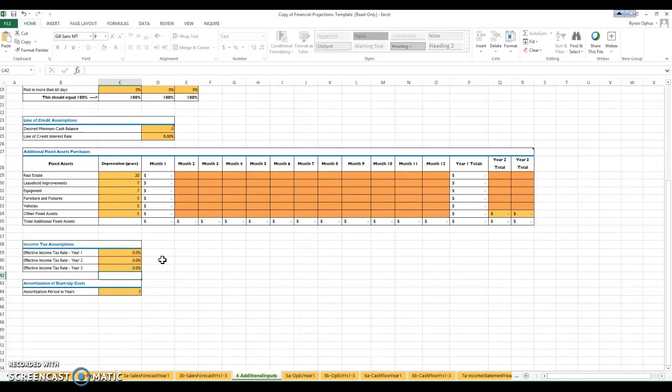Otherwise, these are called pass-through entities, and almost all sole proprietorships, LLCs, LPs, all those types of entities are pass-through entities, meaning that the tax liability or benefit passes through to the owner or owners.